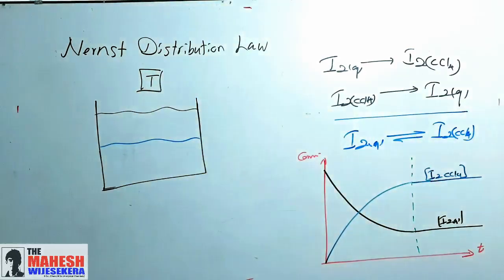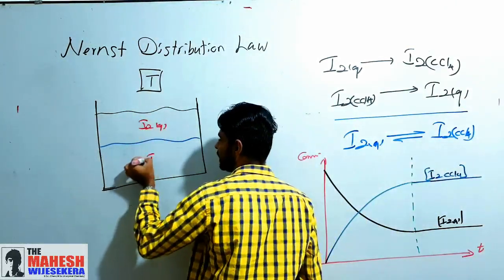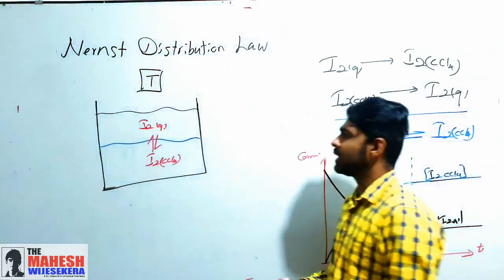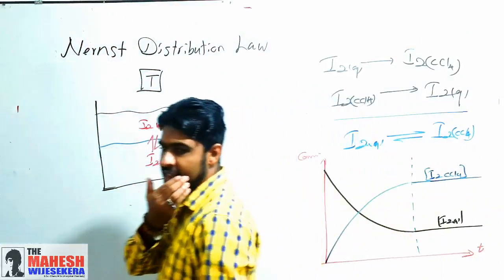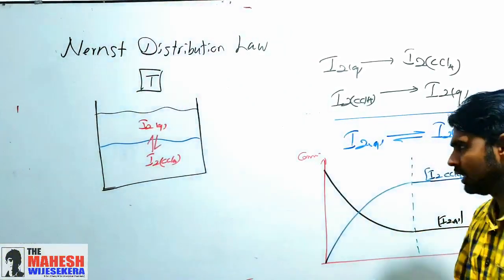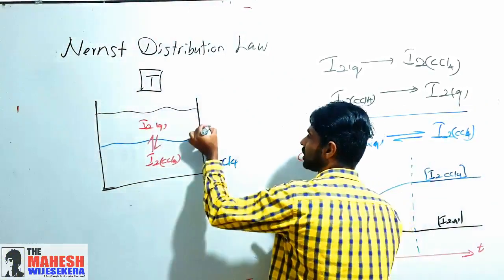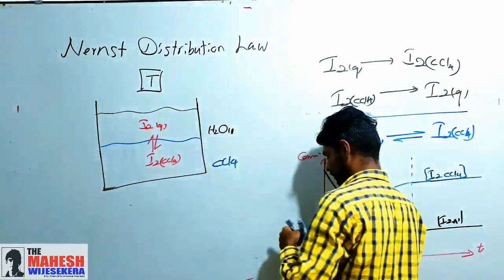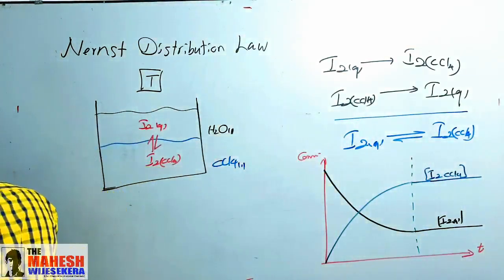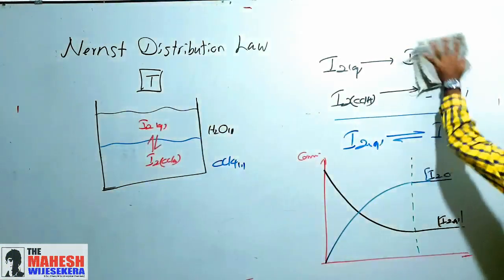When a common solute, let's say I2, this is aqueous, this is I2 CCl4, is dissolved and distributed in between two immiscible solvents, this is CCl4 and this is water, what happens?